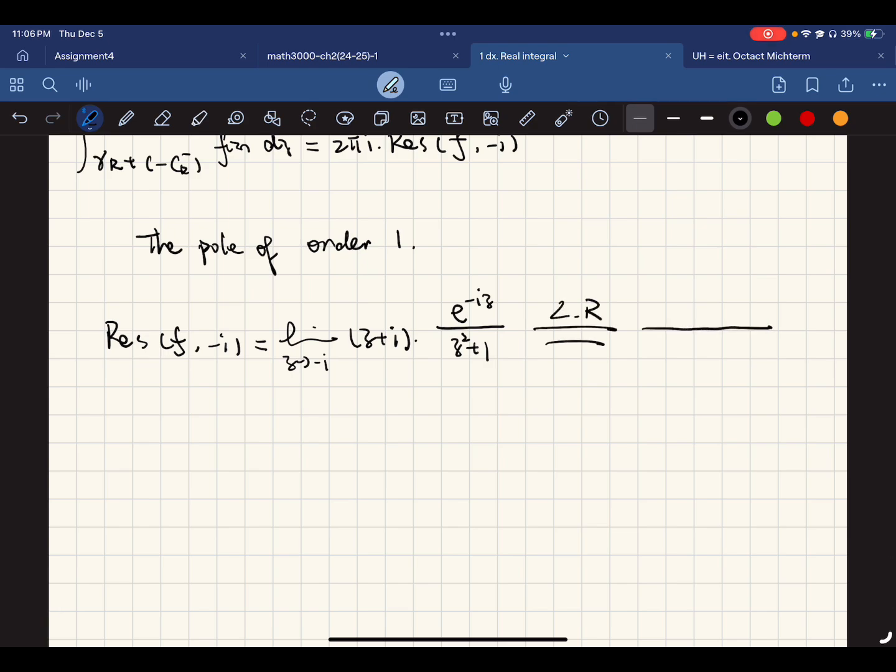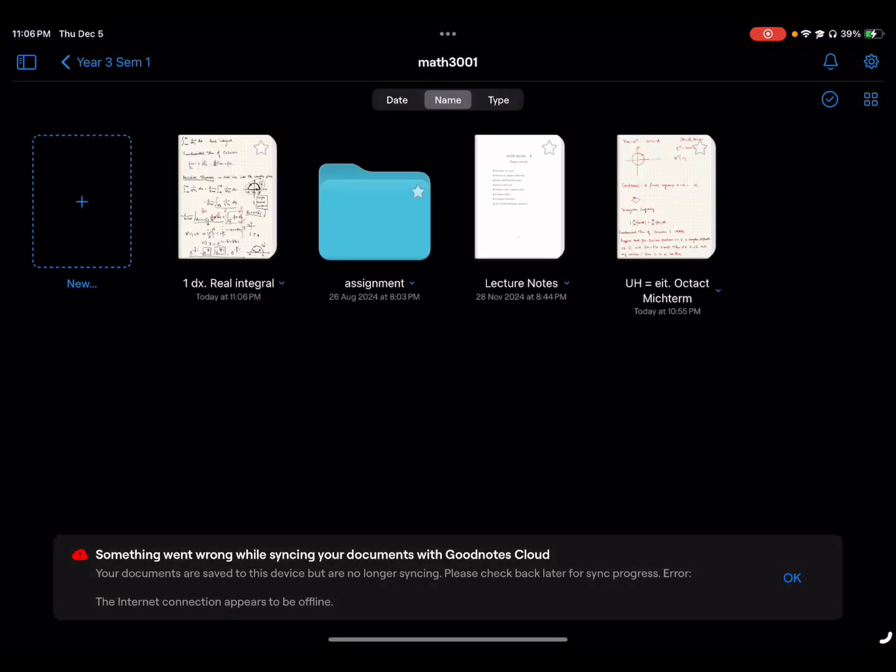The denominator will become 2z and the numerator will become the derivative of z plus i times e to the negative iz.